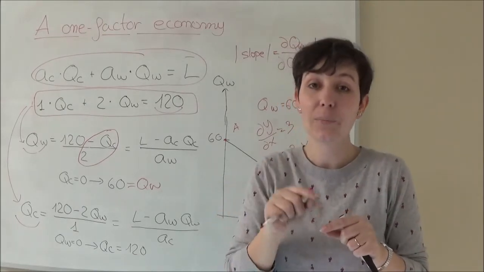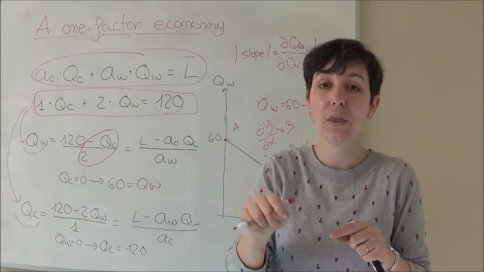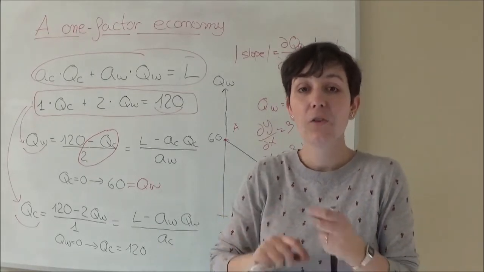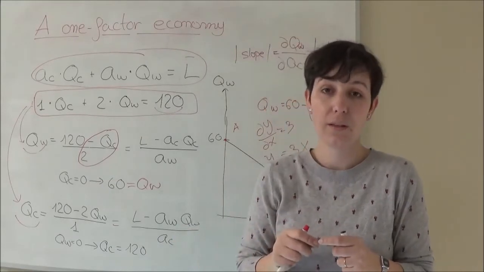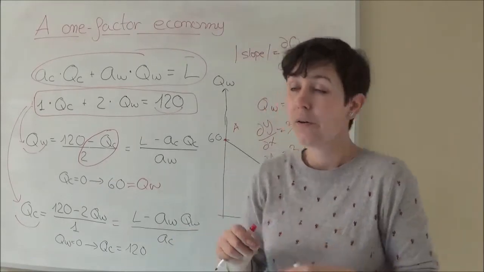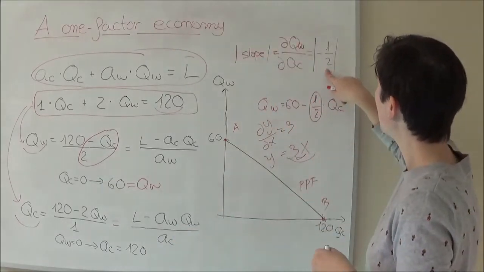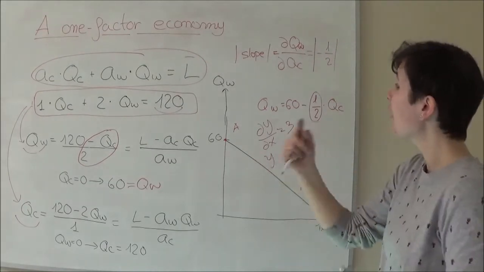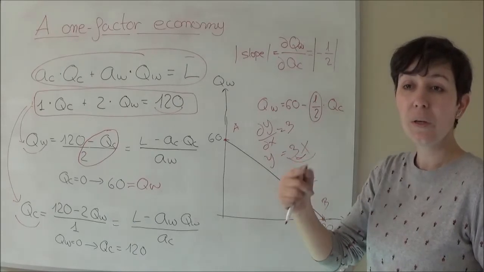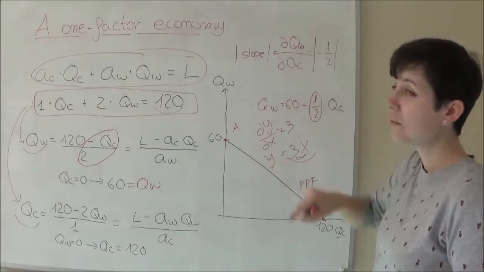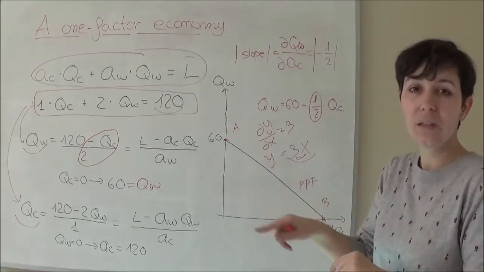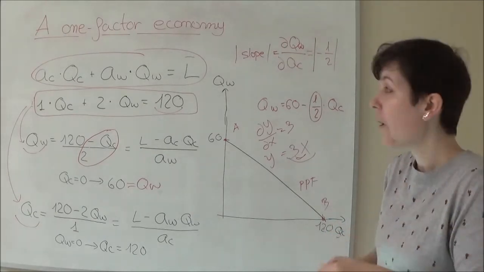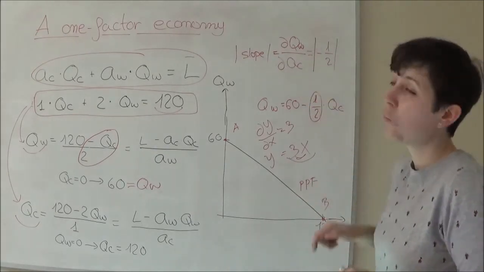As I said previously, the opportunity cost is without the sign, because we know that it is the cost, the reduction of the other thing that you are producing. So this 1 over 2, 0.5, is the quantity by which the wine is going to be reduced, so 0.5 liters lower than before if you produce 1 unit more of cheese.